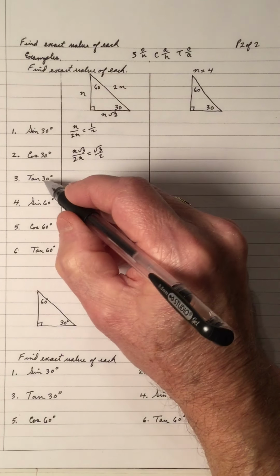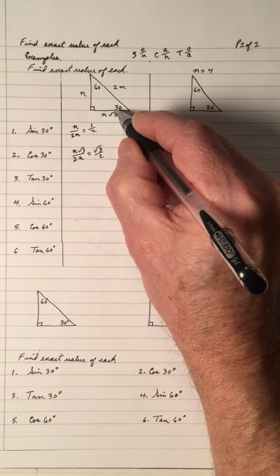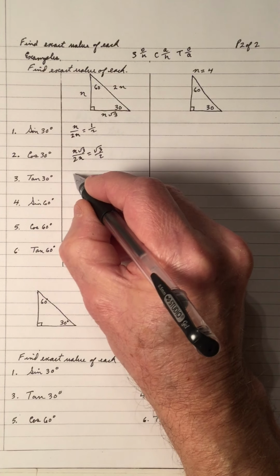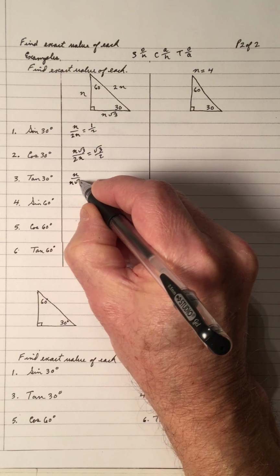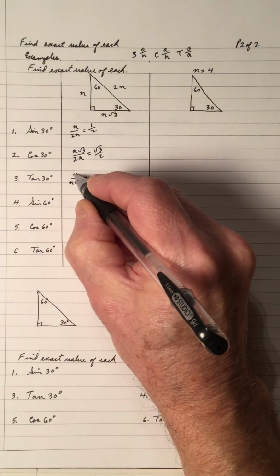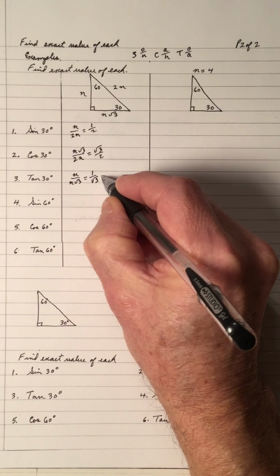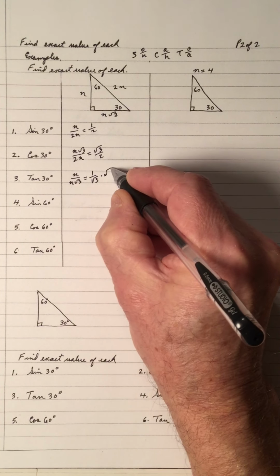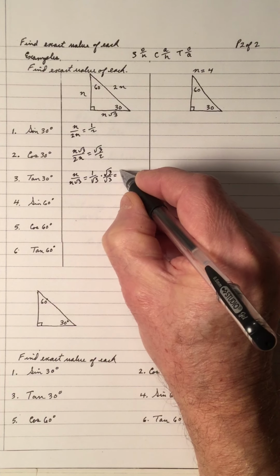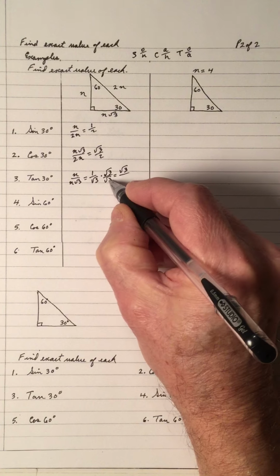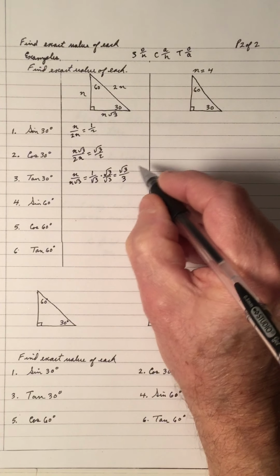And tan is opposite over adjacent, so in relation to 30, opposite is n over adjacent, n root 3. Again the n's cancel out, we get 1 over root 3. But we have to simplify by multiplying by root 3 over root 3. 1 times root 3 is root 3. Root 3 times root 3 is root 9, which is 3.